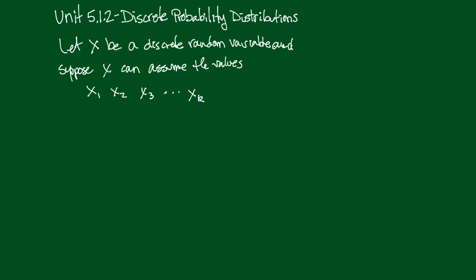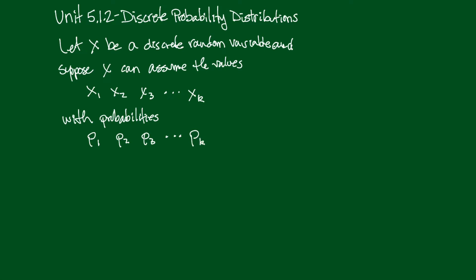So we're saying let X be a discrete random variable, and suppose X can assume these values with probabilities P1, P2, P3, dot, dot, dot, P sub k.